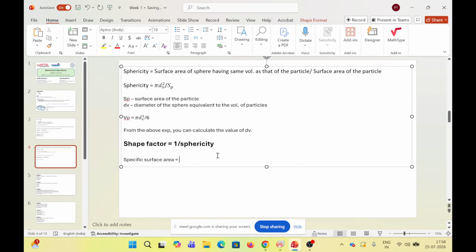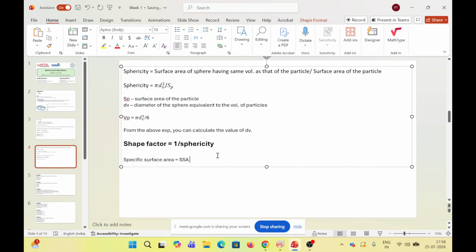Kindly remember this, it will be useful at many places whenever you come across these engineering terms.